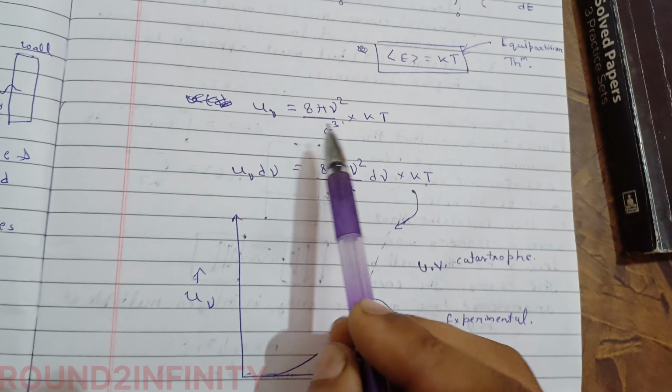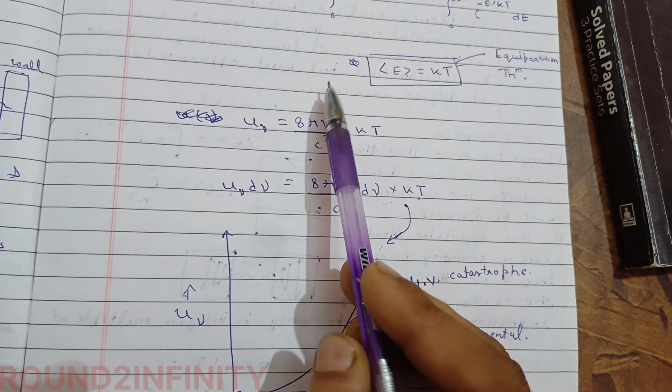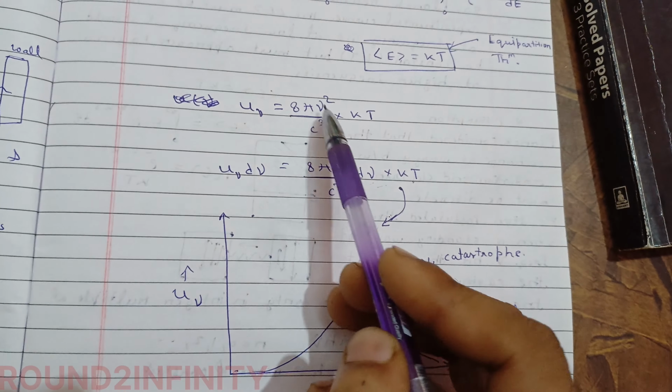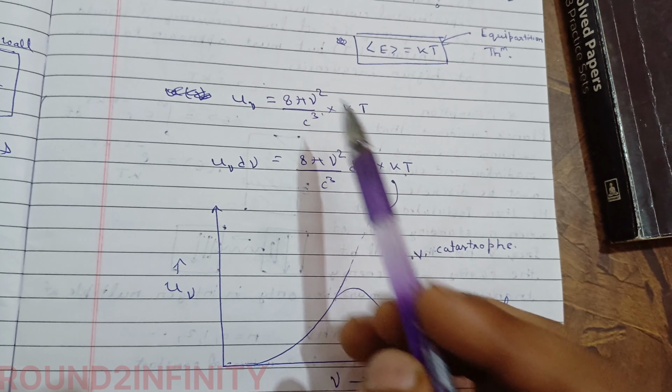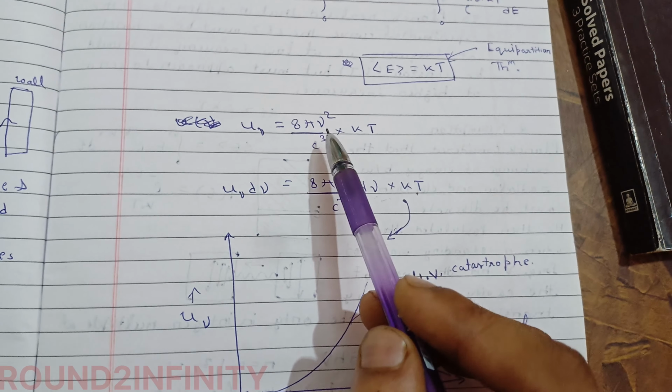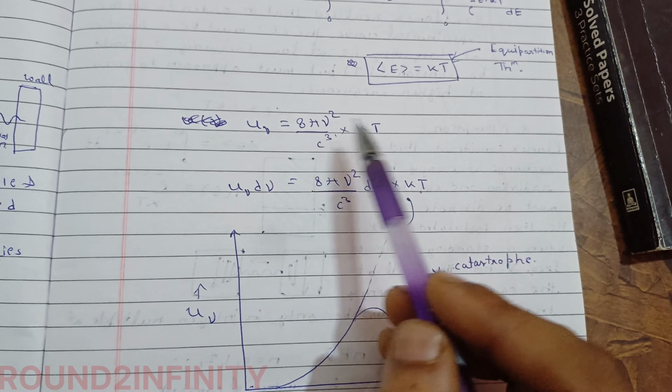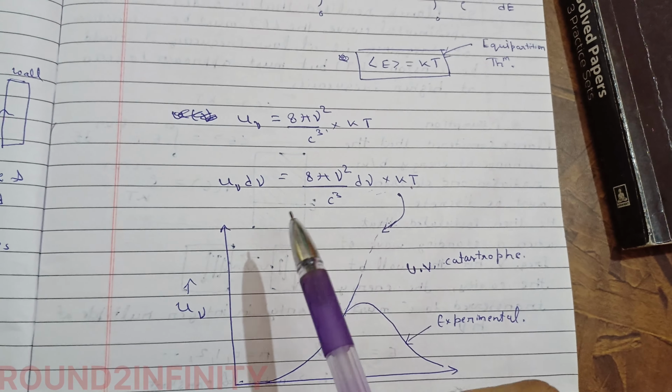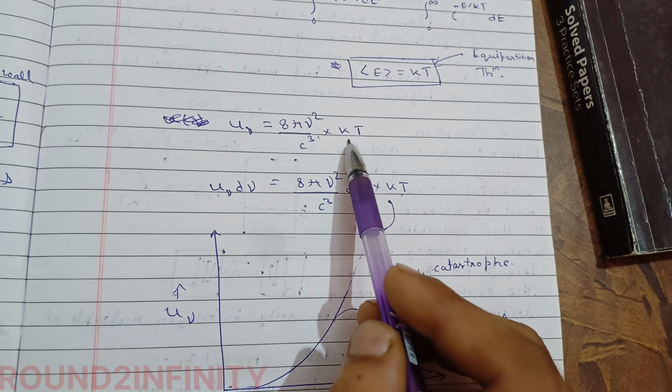See, this was your mathematical expression, and we are getting this because of nu square. There is nothing wrong in this because it is a simple mathematical term for the number of modes, and this remains the same and is independent of frequency.